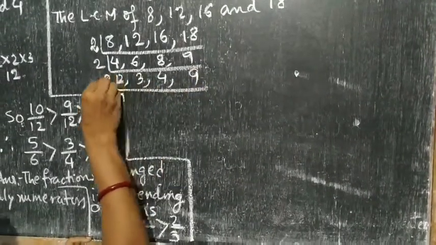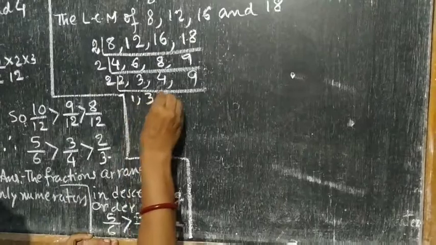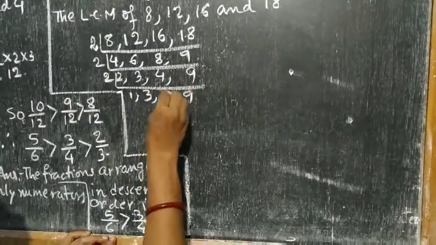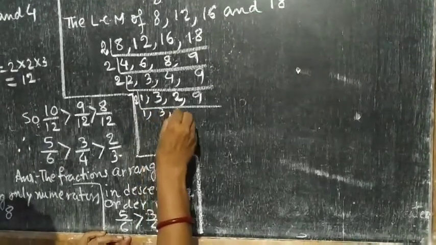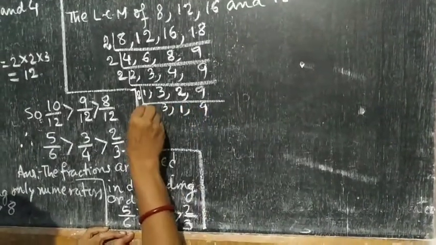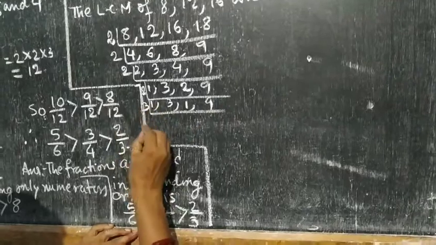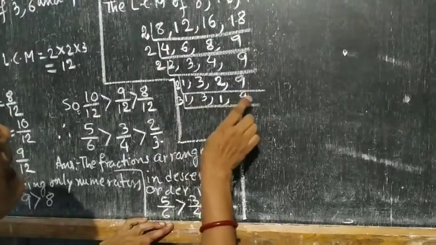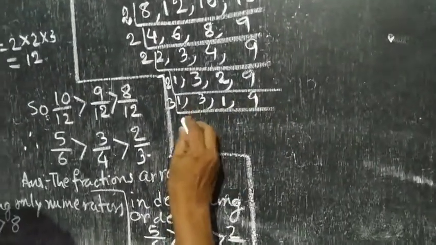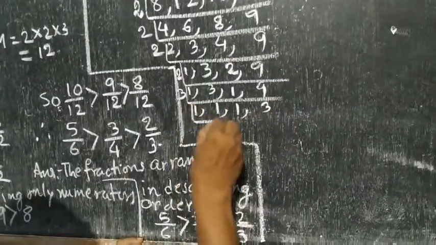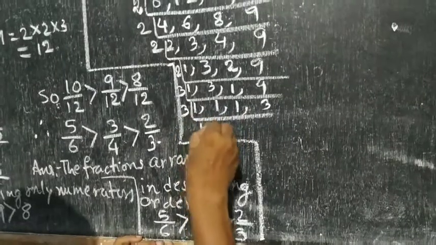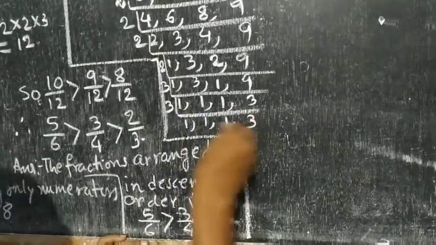Again divide them by 2, 1, 3, 2, 9. Again divide them by 2, 1, 3, 1, 9. Again divide them by 3, the next prime number, because 3 and 9 both are odd numbers, 1, 1, 1, 3. Again divide them by 3, 1, 1, 1, 1.